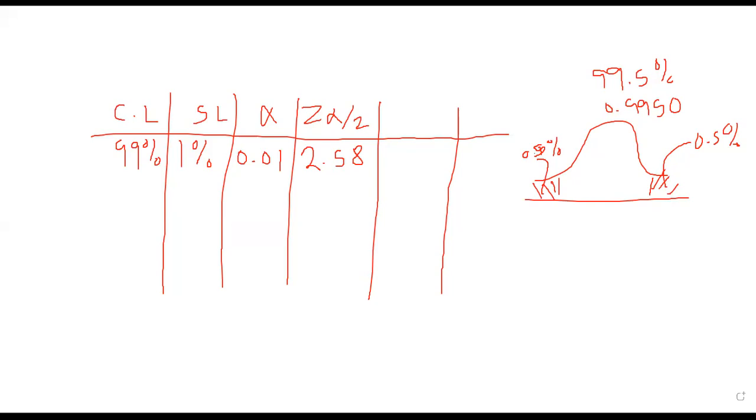You'll find it under 2.58. So this is where the 2.58 is coming from.